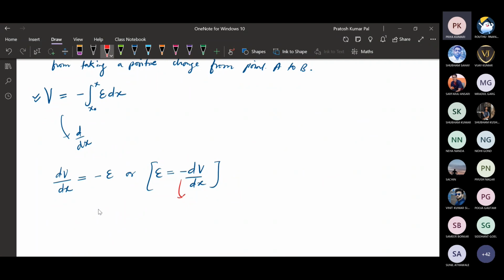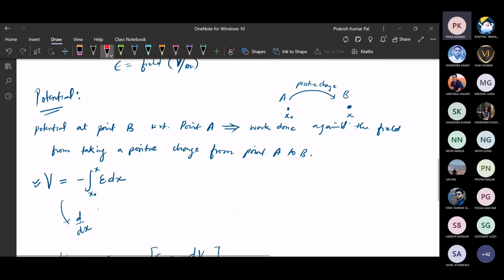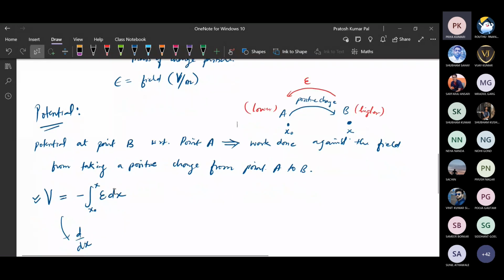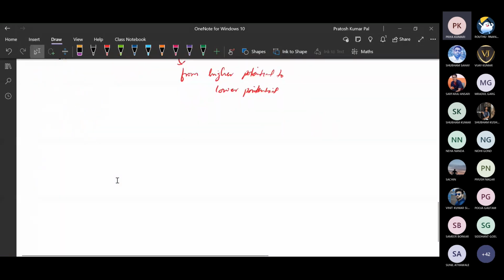So if the electric field is from higher potential to lower potential, that means the electric field direction will be from B to A. B will be at higher potential and A will be at lower potential. So this is all about the potential.